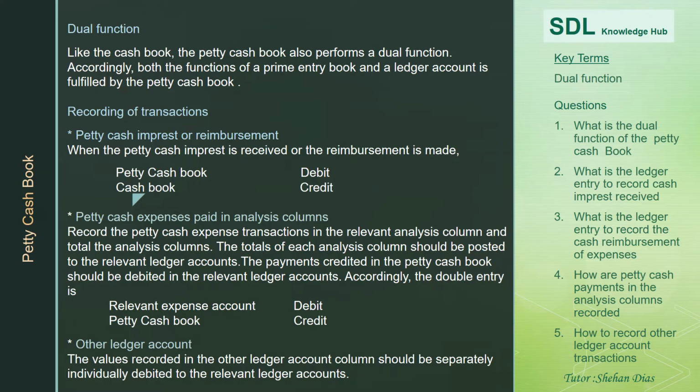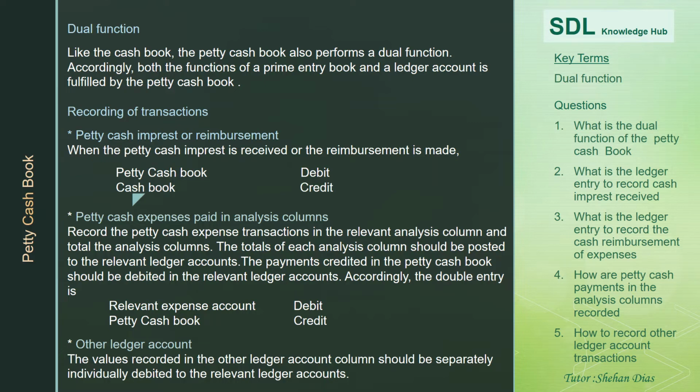So petty cash increases, so the petty cash book will be debited, and cash in the cash book will decrease, so the cash book will be credited.